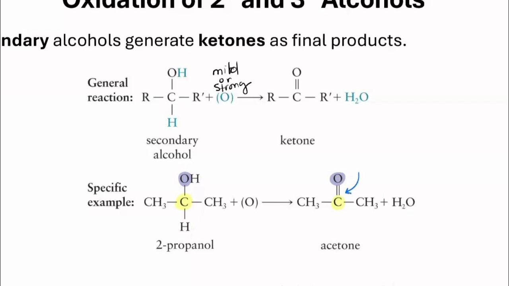And that's why we form a ketone, because now we have a carbonyl group formed. And since it has carbon chains on either side, we can see that they were here in the beginning. That's what forms a ketone.